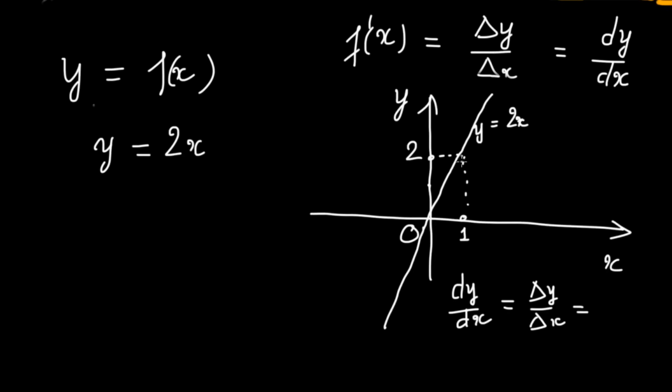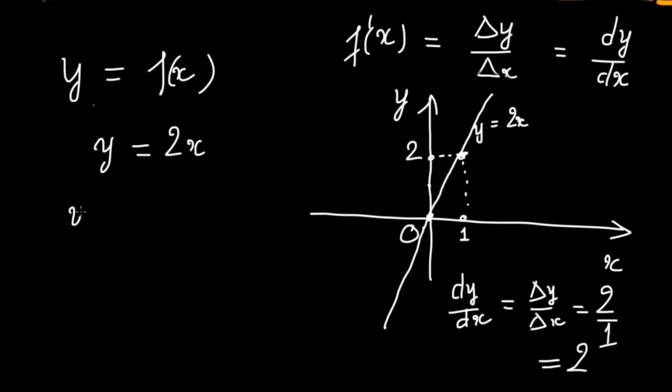For example, if I put this point, right? So the change in y is twice the change in x. You see, from this point to this point, you can see the rise is 2 and the run only 1. So dy over dx equal delta y over delta x equal 2 over 1. And this ratio equal 2.